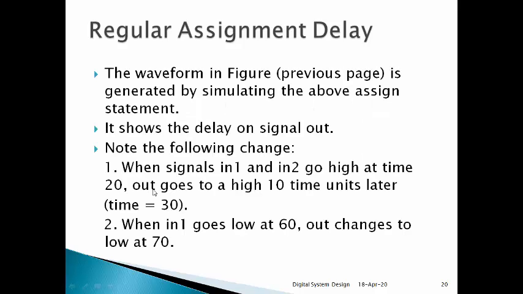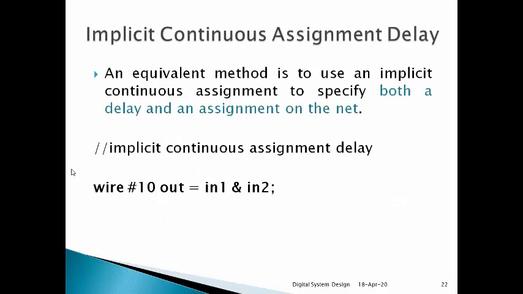Next you will see implicit continuous assignment delay. In this type of delay, this is an equivalent method. Here we specify both delay and assignment on the net. As the word implicit in the name suggests, the assignment is done implicitly.